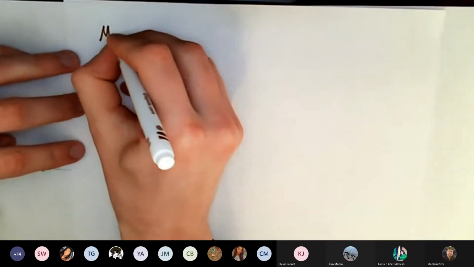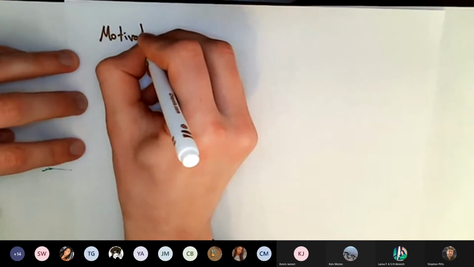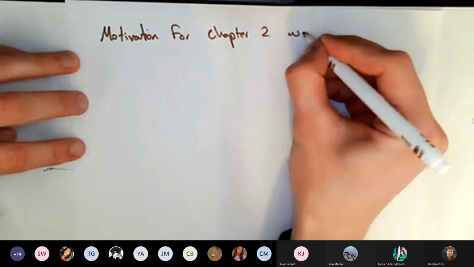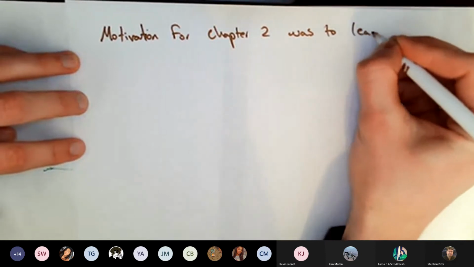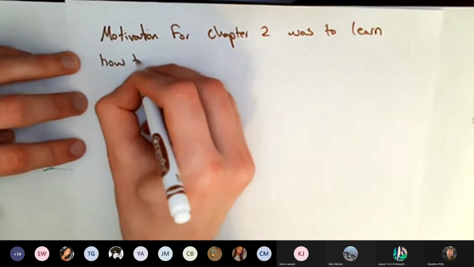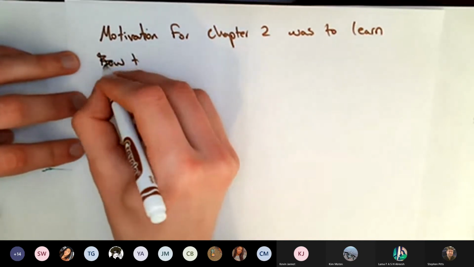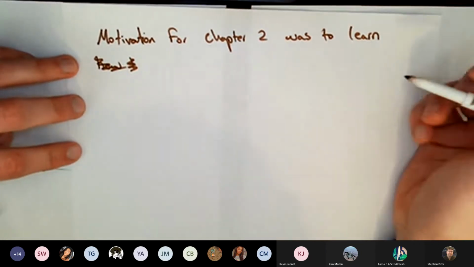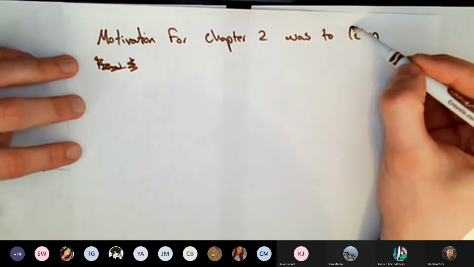And now we're going to move into chapter 3. But before I start digging straight into chapter 3, I just want to remind you about the overall motivation for chapter 2, which was to learn the motivation for learning set theory.